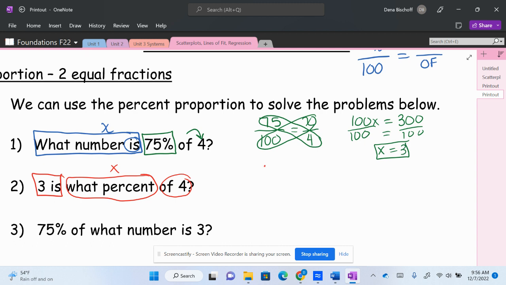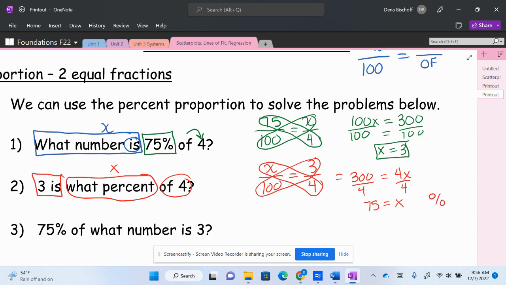So my percent is a variable over 100 equals 3 is the is over the 4. So 3 times 100 equals 300. 4 times x equals 4x. Divide both sides by 4. And I find out that 75 equals x. So my percentage is 75.